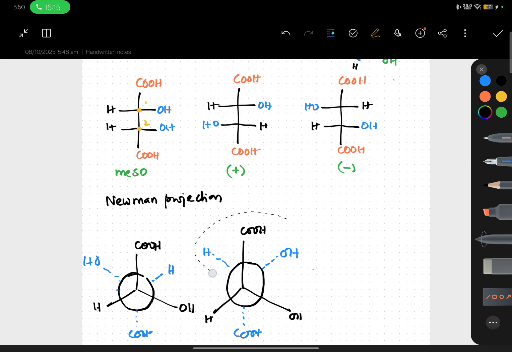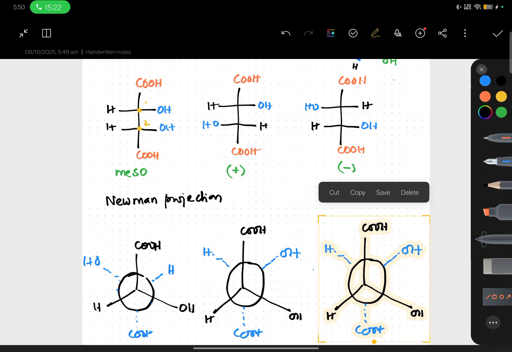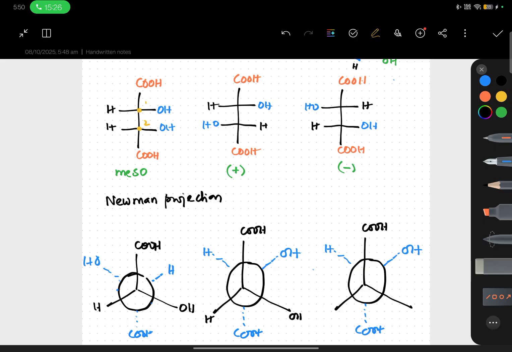So the second molecule is also similar to that, only the difference is the position.